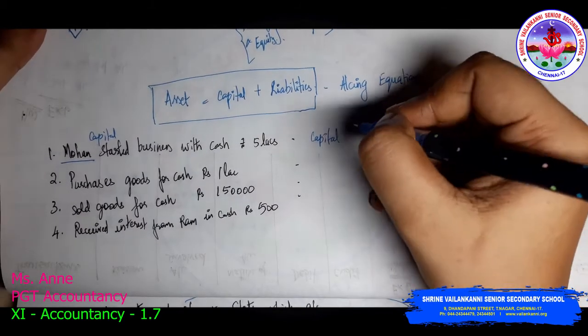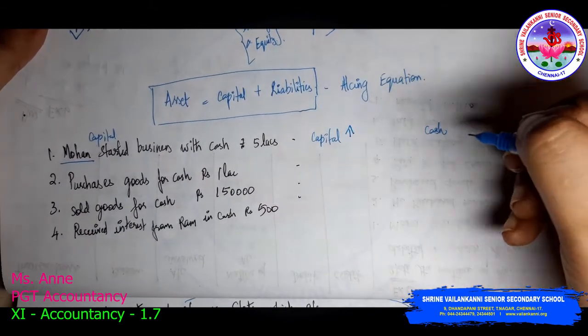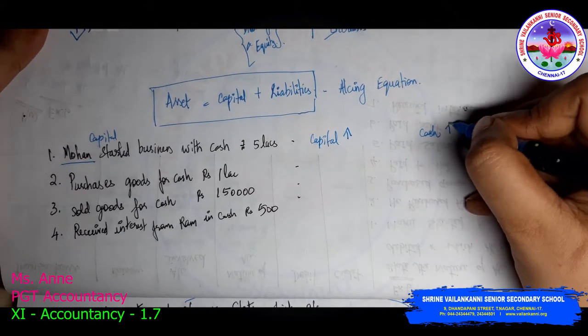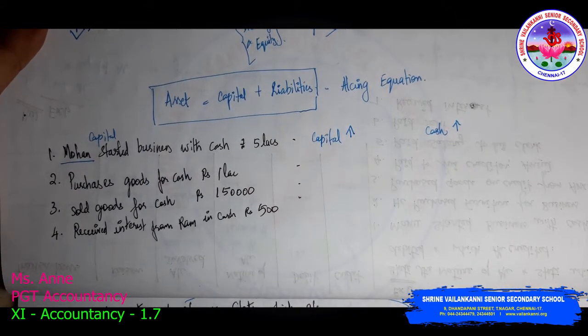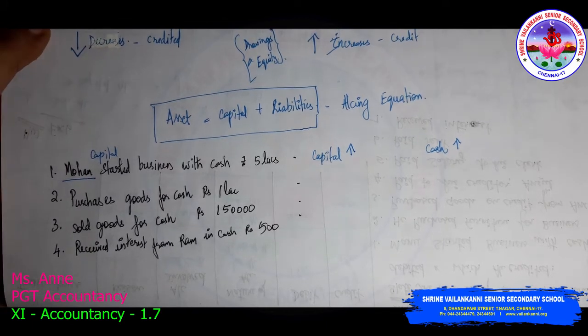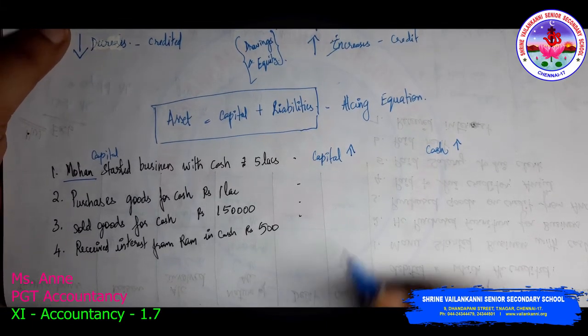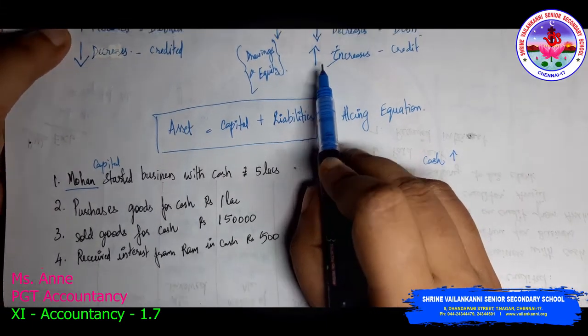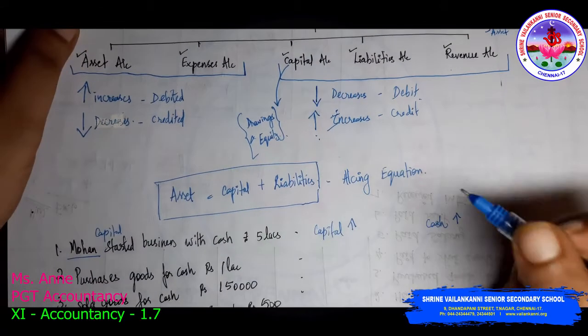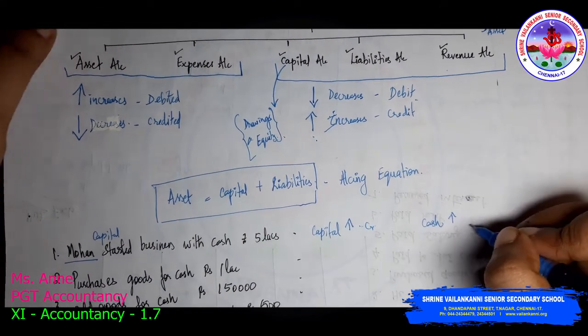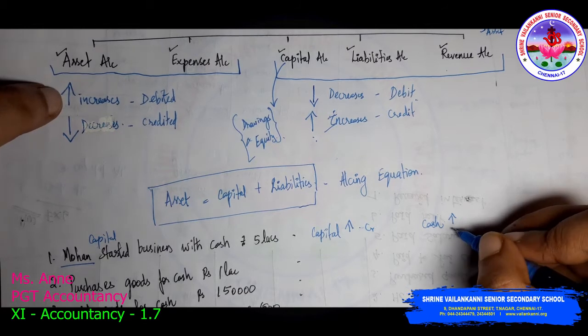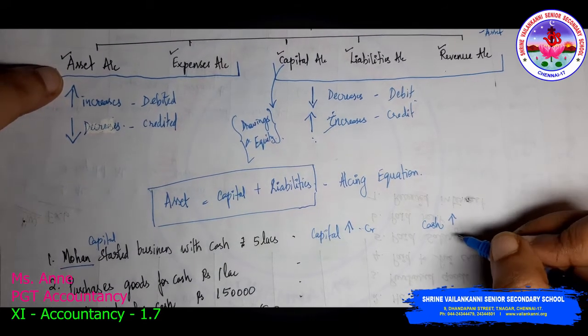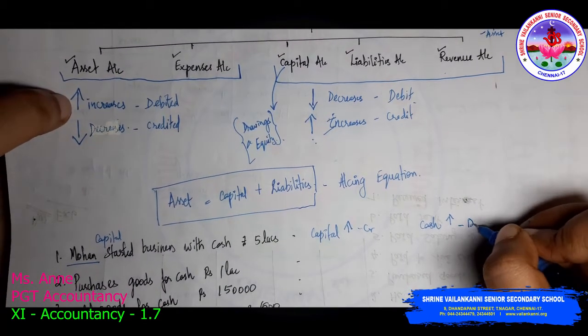Obviously capital is increasing and cash is also increasing. Am I right? If capital increases, you need to credit it. Cash is an asset which increases, so you need to debit it.